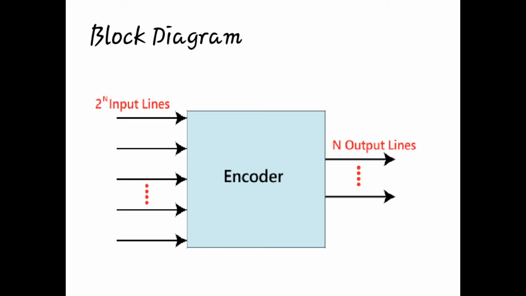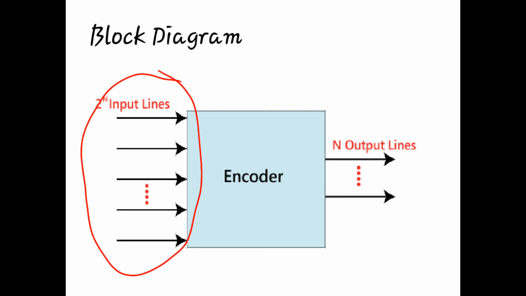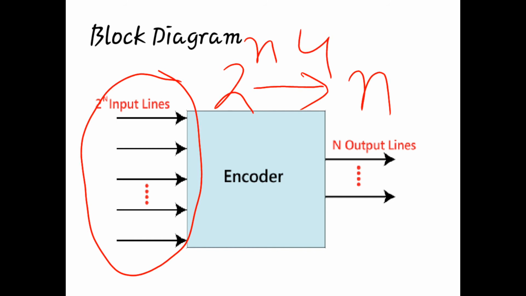It is very simple. Here we will have the input lines, that is 2 raised to power n, which utilize n output lines. So if 4 input lines are there, then the output lines will be 2.